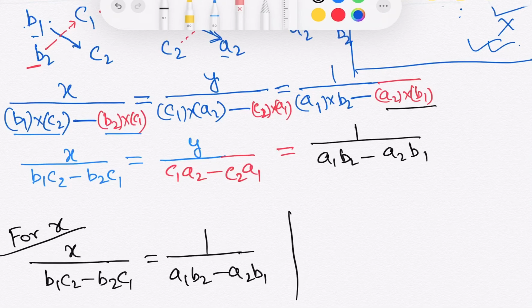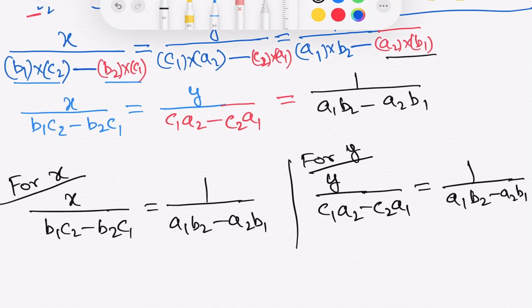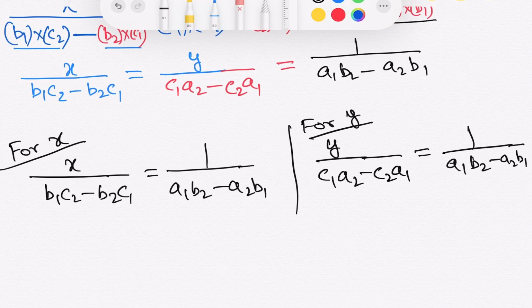And for the y variable part, you write the y variable portion, which is y divided by c1 a2 minus c2 a1 is equal to the constant part, which is a1 b2 minus a2 b1. That's clear. Now after that you simplify this expression here.